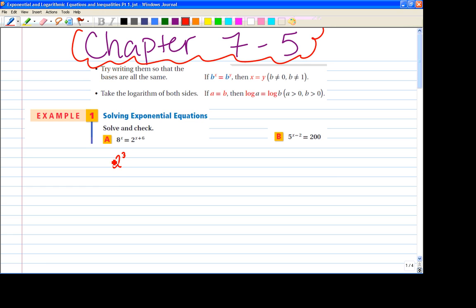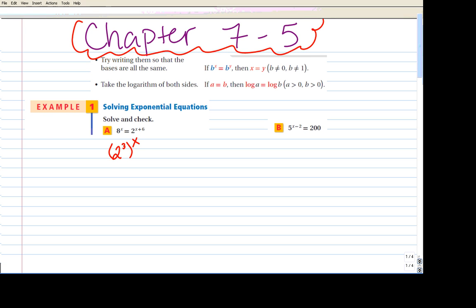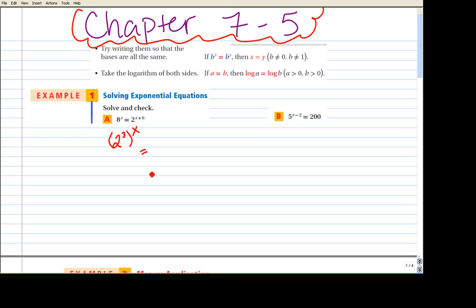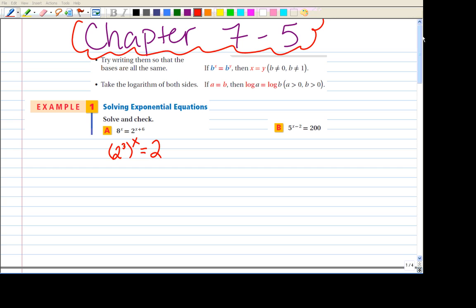So instead of 8 to the x, I'm going to have 2 cubed to the x, and I'll still have equals 2 to the x plus 6. When I have a power to a power, I multiply them. So I have 2 to the 3x equals 2 to the x plus 6.